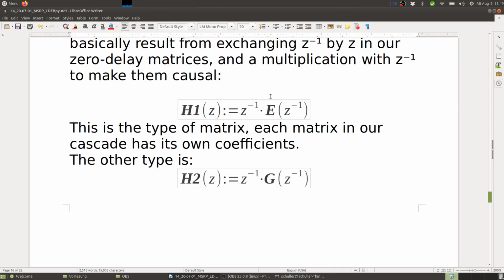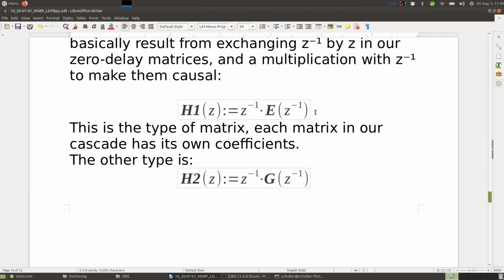So here you can see it. Here I have E of z to the minus 1, which means each z is replaced by z to the minus 1, which means we have coefficients times z to the plus 1 in our matrix. And then we need to multiply this matrix by z to the minus 1 to make it causal.